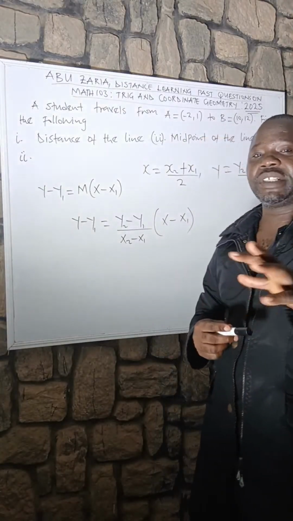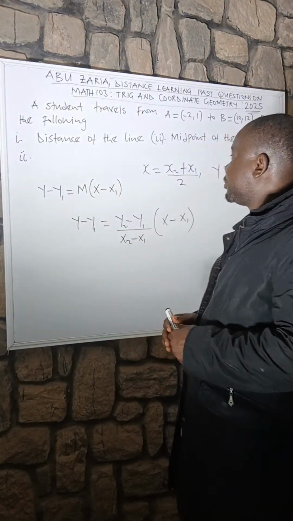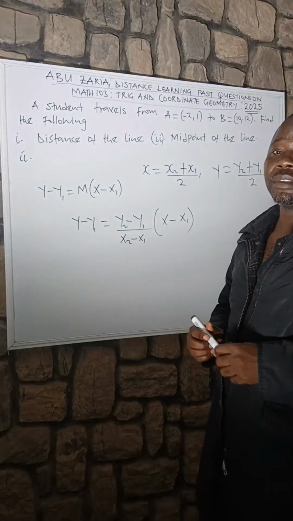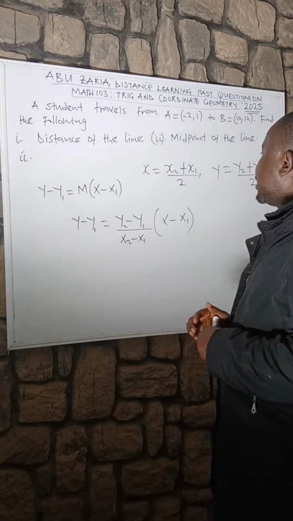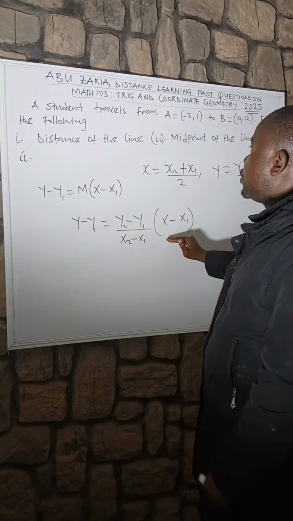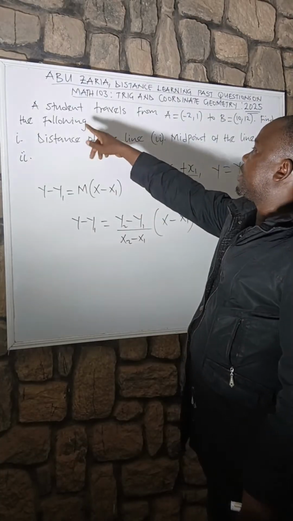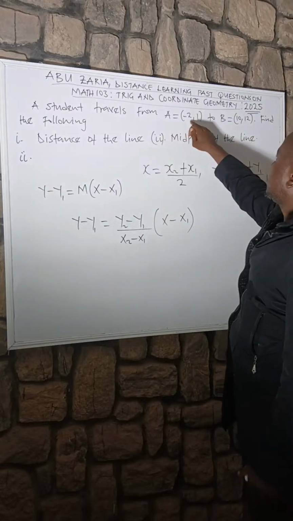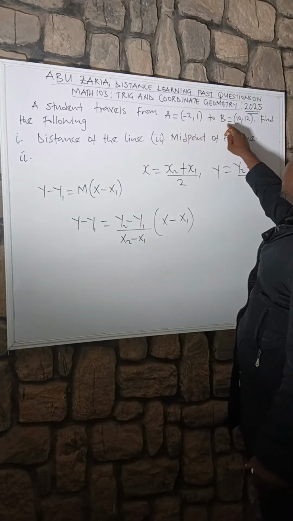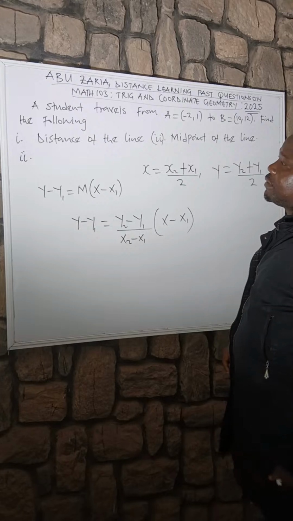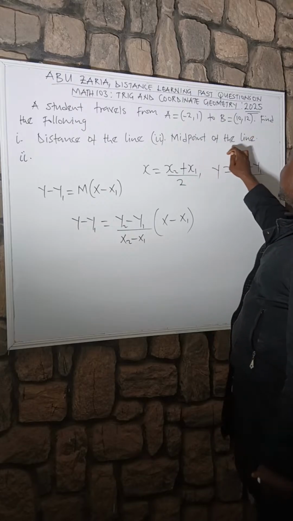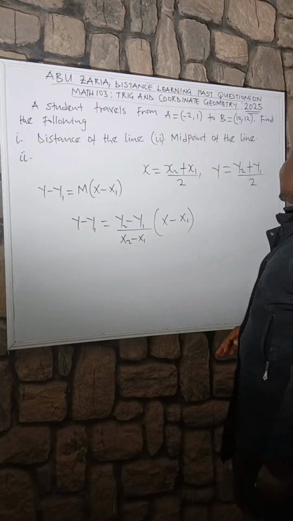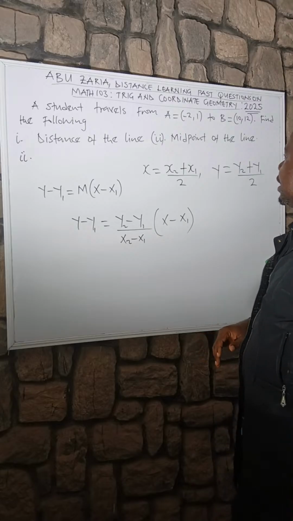I'm going to break each of them down one after the other. Is that clear? Now, look at the question. The question says a student travels from A equals (-2, 1) to B (10, 12). They said find the midpoint of the line.